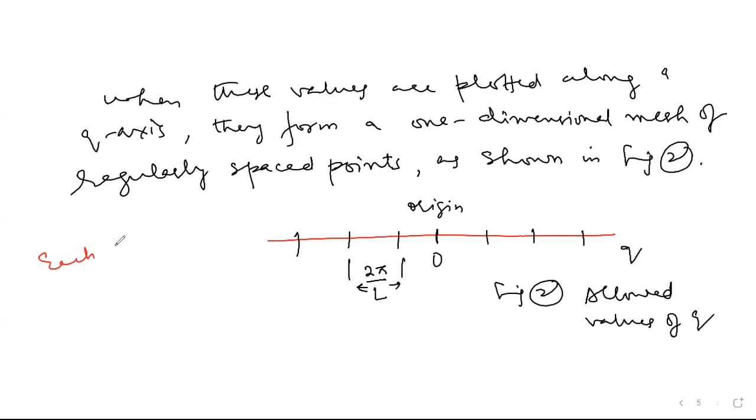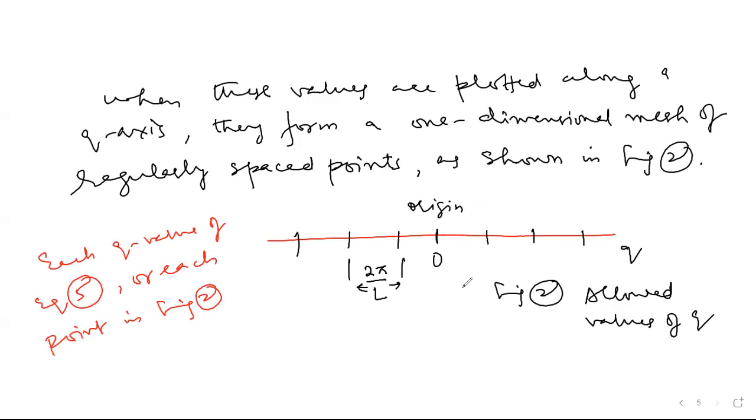Each q value of equation 5, that is this equation, or you can say each point in figure 2, because each point is representing an allowed value of q, represents a mode of vibration.